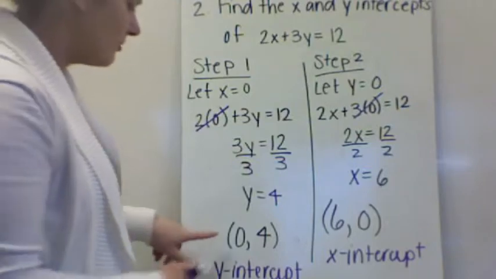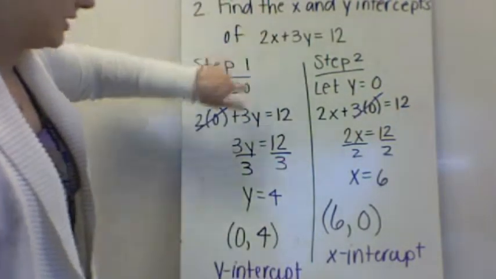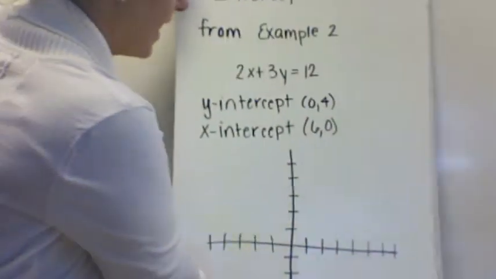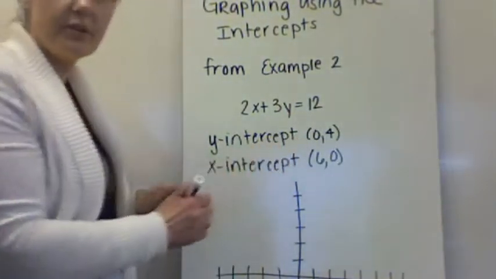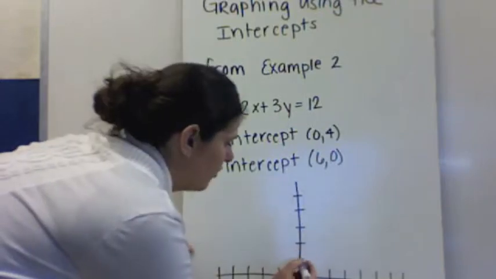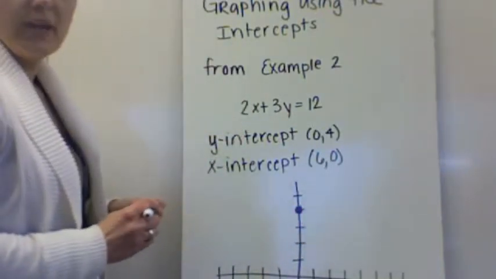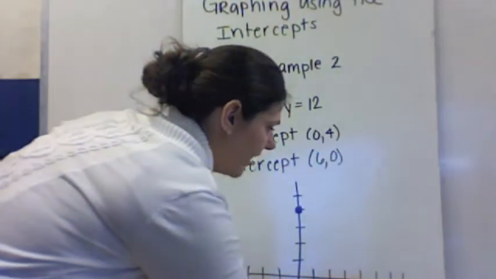Now that we know how to find intercepts, we can use them to make a graph, because if you see, after each problem, we've ended up with 2 points. So we're going to use this example, and if we graph it now, I knew my y-intercept was (0, 4), so I can plot 0, up 1, 2, 3, 4. And I knew my x-intercept was (6, 0), so 1, 2, 3, 4, 5, 6.